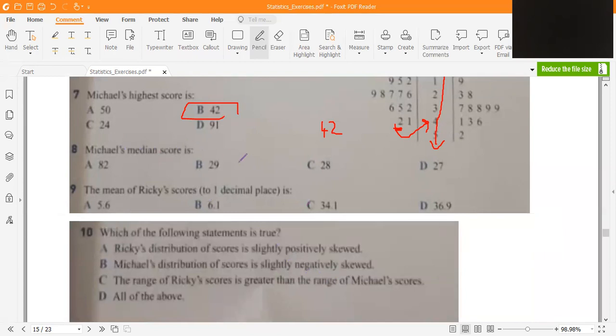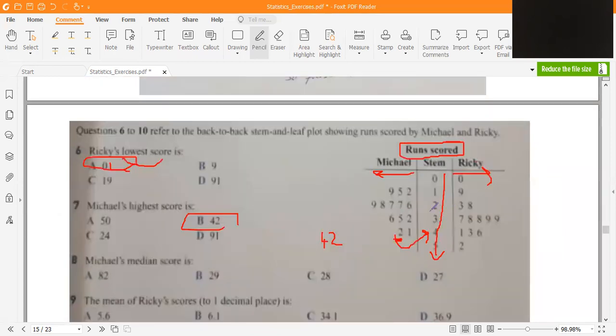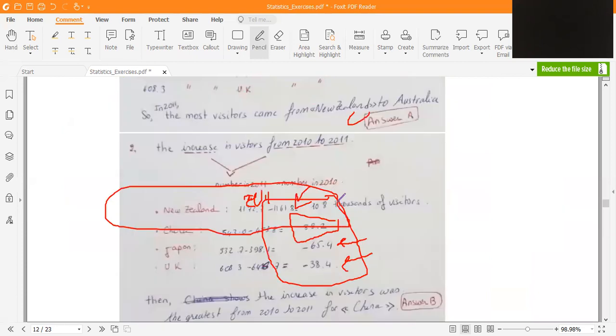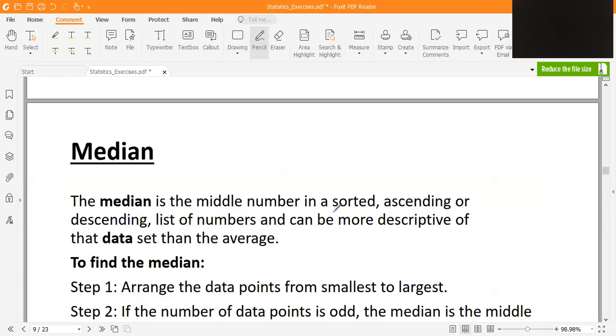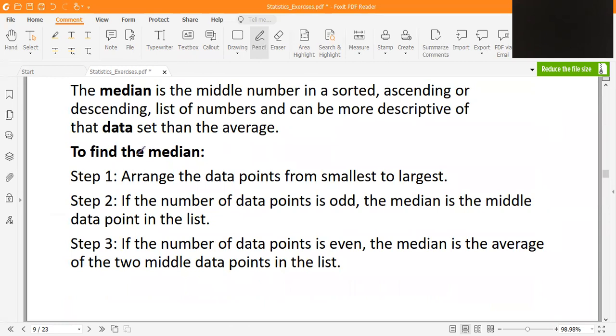Michael's median score. We should know the number of runs scored by Michael. We count: 1, 2, 3, 4, 5, 6, 7, 8, 9, 10, 11, 12, and 13. So 13 values. When the number of data points is odd, we refer to the median slide.